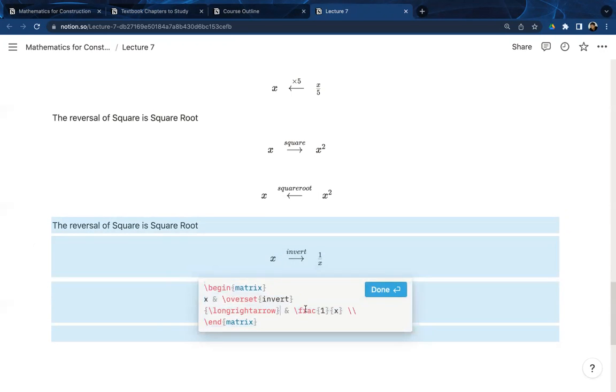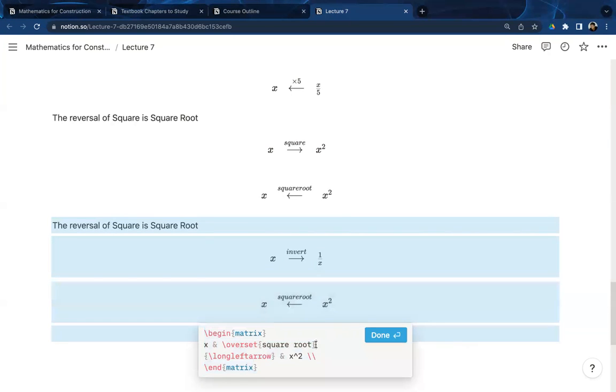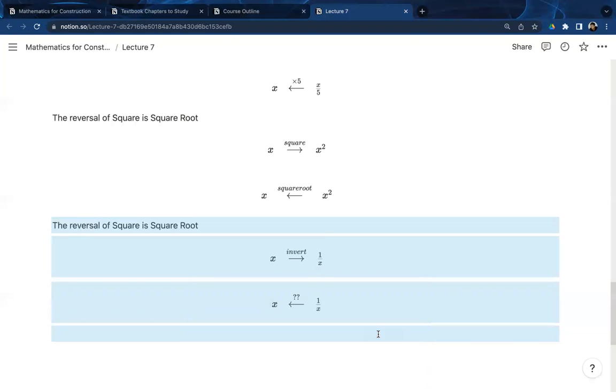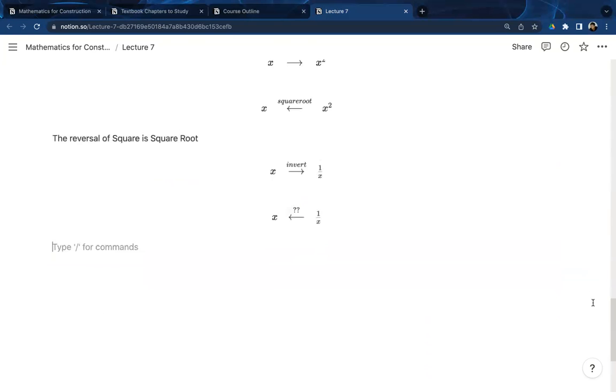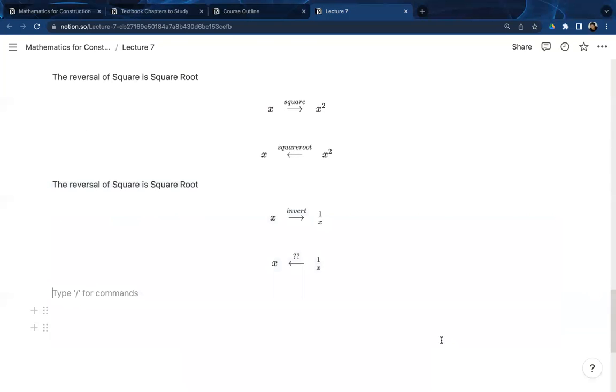Well, if I have 1/x, what should I do to get back x? This might be tricky. I have x and I invert it, I get 1/x. If I have 1/x, how do I get back x? What should I do? Anybody?